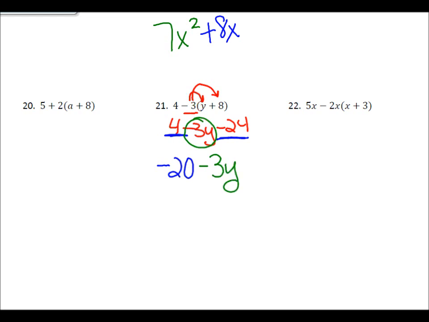Okay, let's finish with number 22. So we're going to distribute the negative 2x. Negative 2x times x is negative 2x squared. Negative 2x times 3 is negative 6x. And I'm going to bring down the 5x because I haven't done anything with it yet.